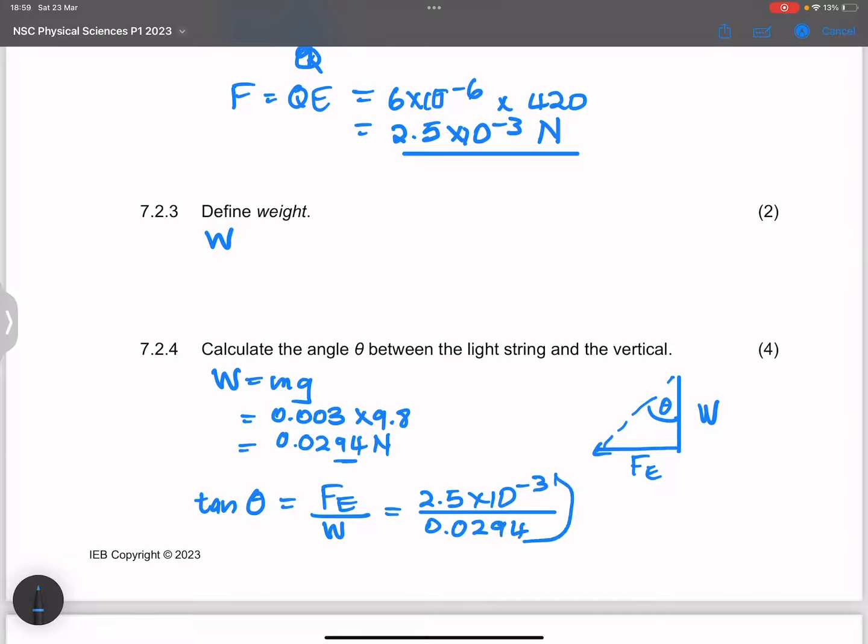If I'm looking for the angle, theta is the arctan of that entire expression.